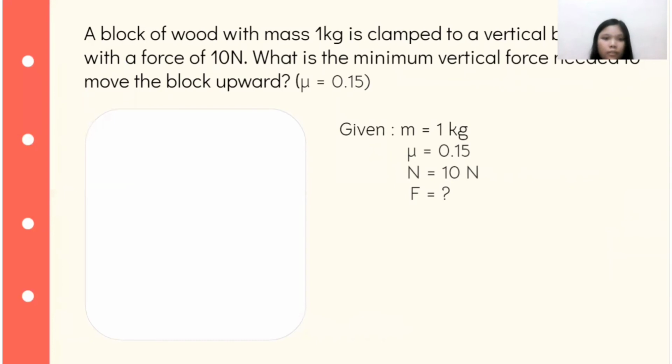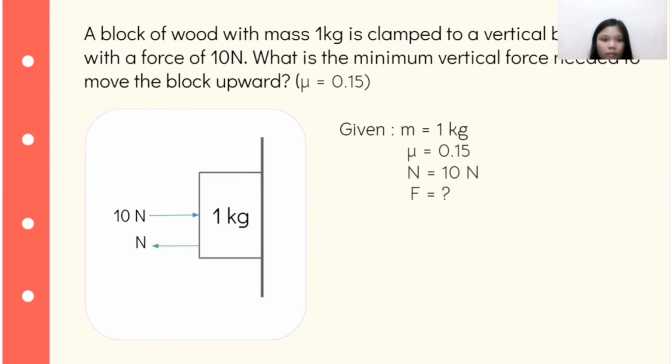So now we need to interpret the diagram. N is the force that clamps the block of wood to the board, and N is the normal force. Why do I write this?